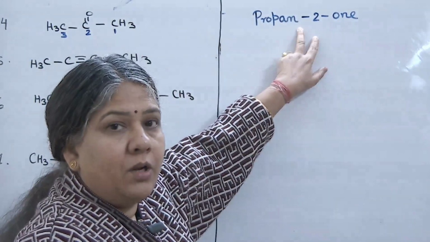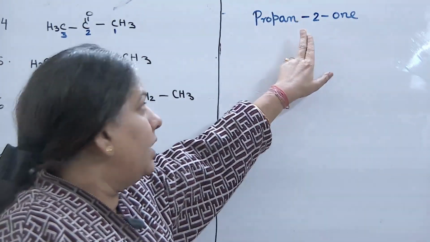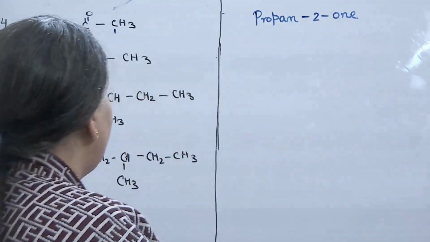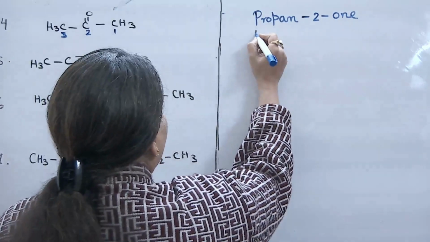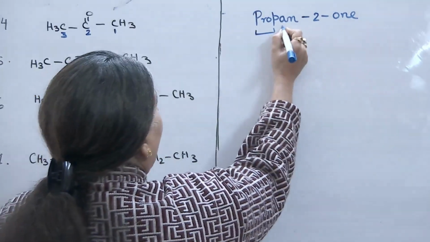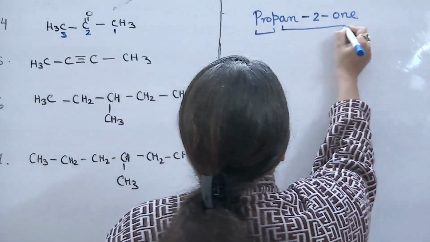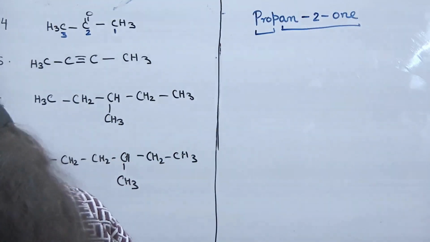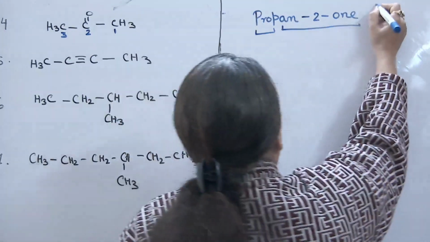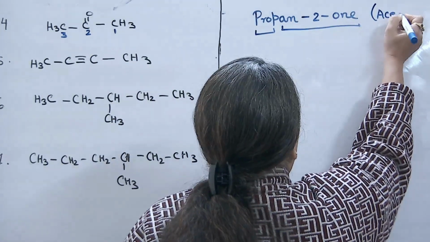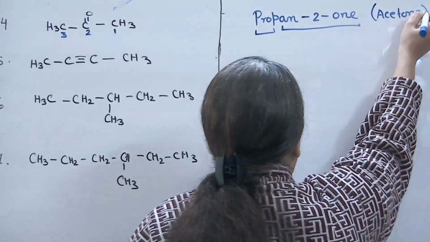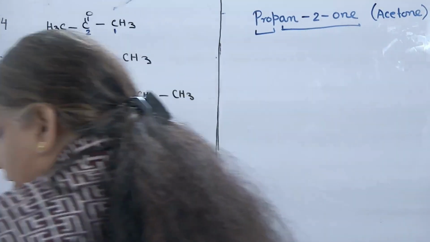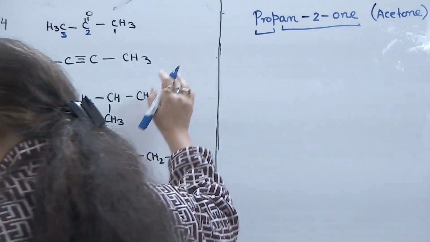If there is a functional group, replace E with the suffix of the functional group. Prop is the root word followed by the suffix. Its common name is acetone. So this word you will come across in the books. Okay. Next, write this one.